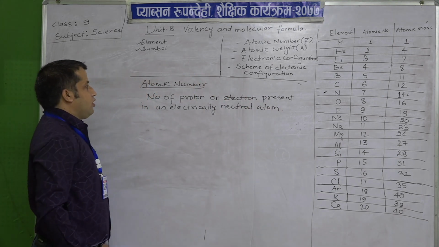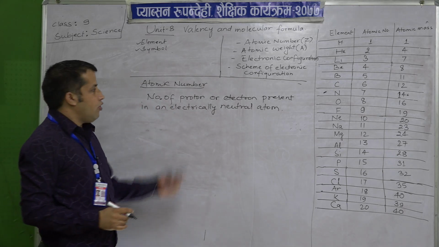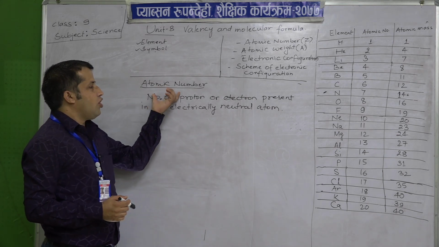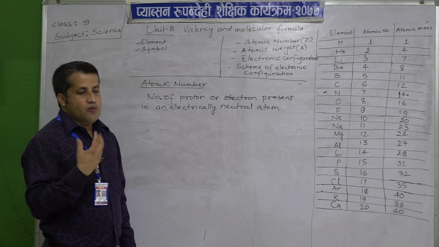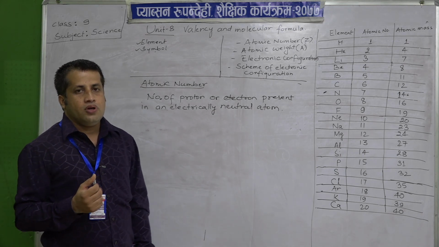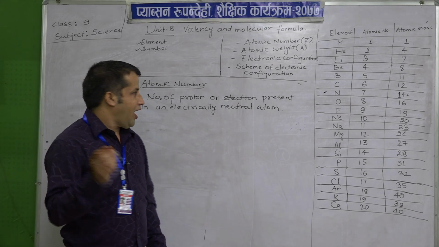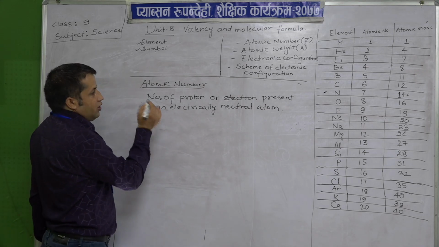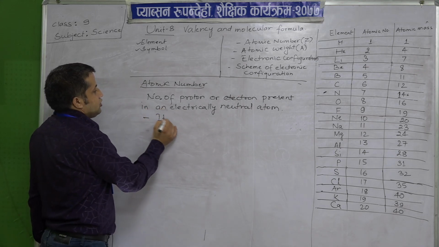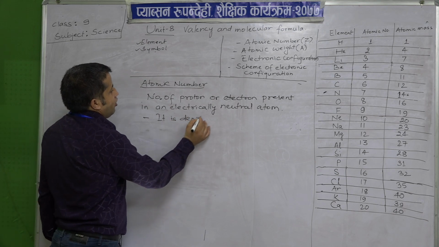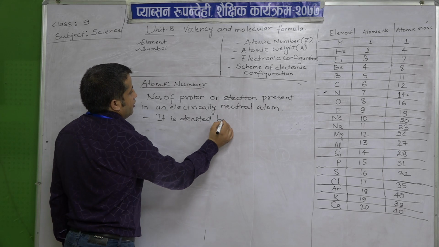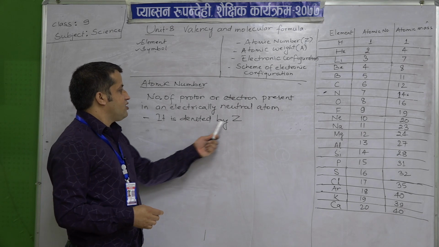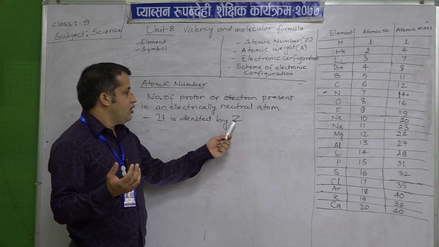How many electrons or protons are found in an atom is known as its atomic number. And the atomic number is denoted or represented by the capital letter Z. It is written as Z.